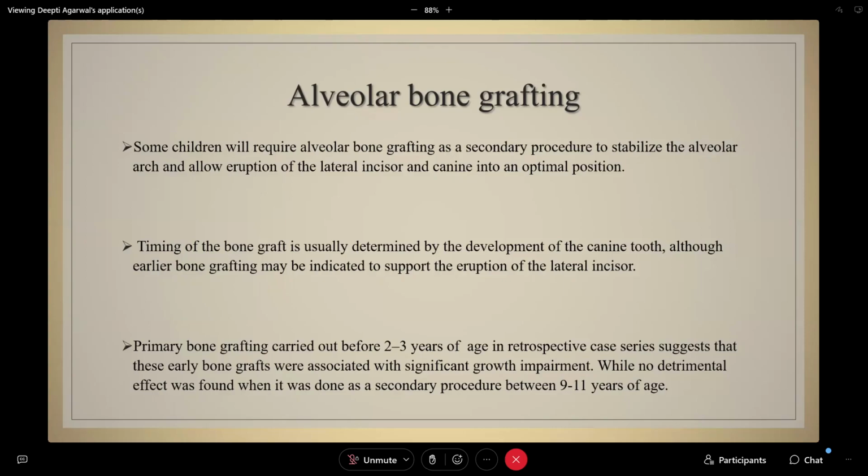Although earlier grafting may be indicated to support eruption of the lateral incisor, primary bone grafting in some series has indicated significant growth impairment. While when done as a secondary procedure between 9 to 11 years of age, no detrimental effect was found. So, alveolar bone grafting is preferably done as a secondary procedure.